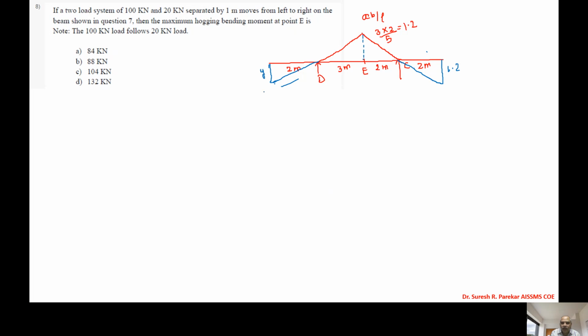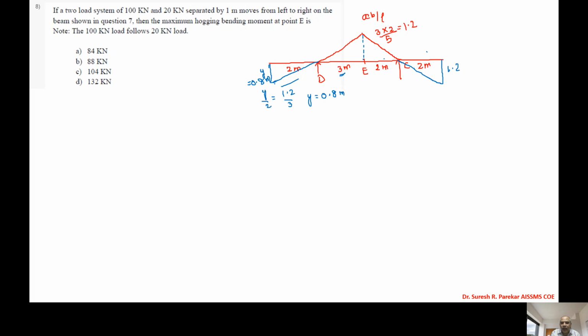If I say y, then y by 2 is equal to 1.2 by 3. Now we have to use this, and from this we will get y equal to 0.8 meters. So we have y, that is 0.8 meters. Now we have 100 kilonewton followed by 20 kilonewton, from left to right.